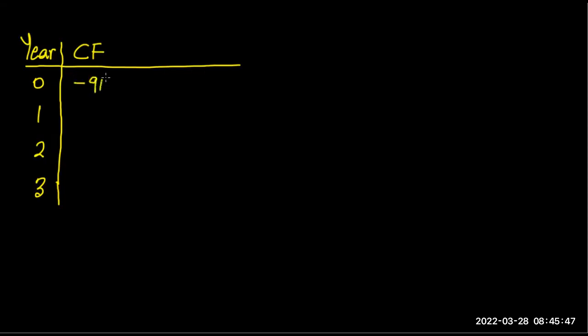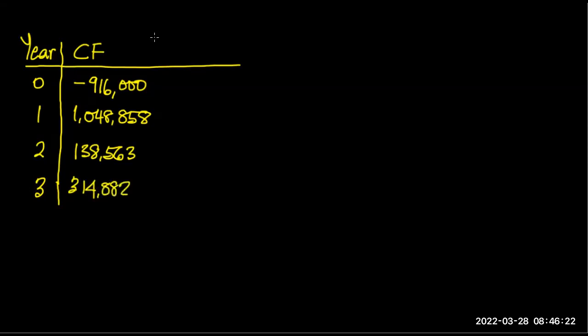I prefer to write a negative, otherwise I'll put that in bracket. 916,000 for year 0, then year 1 is 1,048,858, year 2 is 138,563, and year 3 is 314,882 as the cash flow. So this is what we're going to be working with.